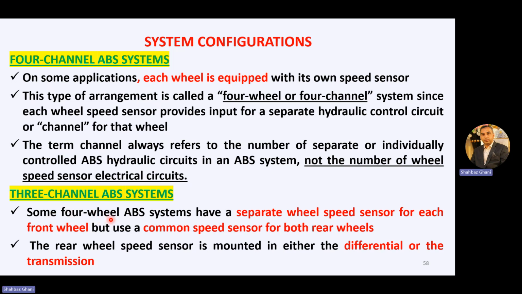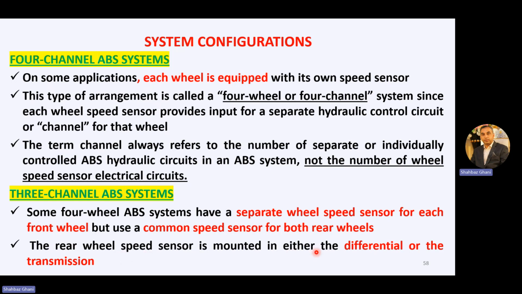Some four-wheel ABS systems have separate wheel speed sensors for each front wheel, meaning the right and the left front wheels have their separate wheel speed sensors, but use a common speed sensor for both rear wheels. So both rear wheels have a common speed sensor, and that rear wheel speed sensor is mounted either in the differential or the transmission.